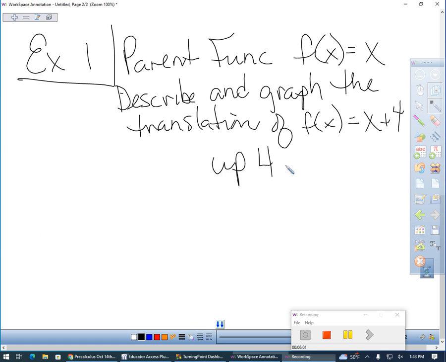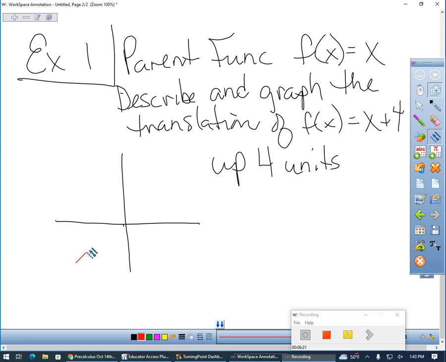Now I picked a line as my parent function so you guys can actually see this happen. So if I'm going to graph f of x equals x, that's just a diagonal line through the origin, right? It goes up and over 1, so it's a perfect diagonal line right through the origin. Okay.